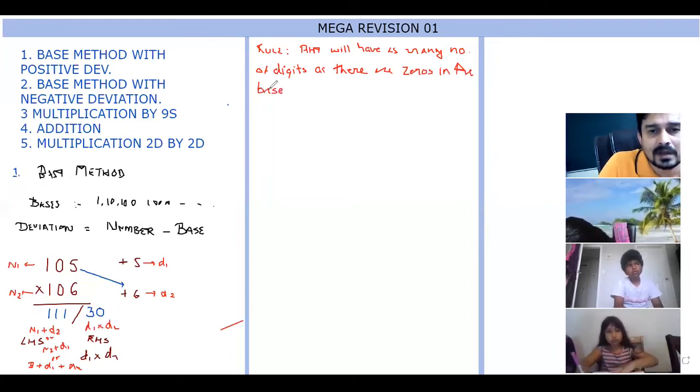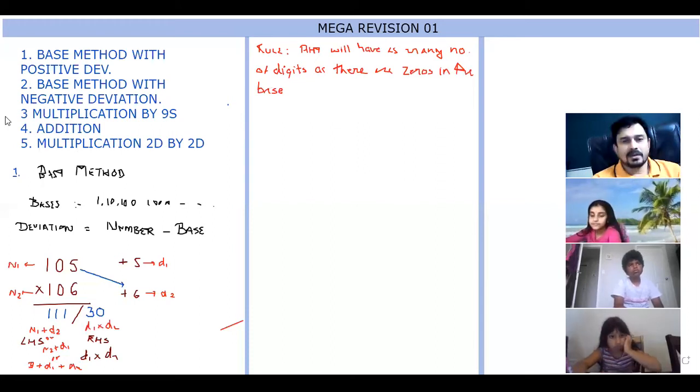RHS will have as many number of digits as there are zeros in base. You remember everything clearly? Very nice. What about Nandini? Nandini is not saying yes.